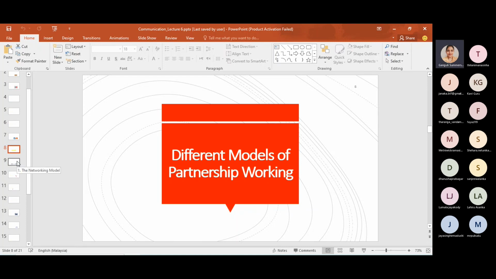Now we'll look at different models of partnership working. As we discussed until now, partnership working is about different organizations, agencies and companies coming together and working together. By definition, it can sound like an easy process, but it can be difficult, because the organizations are different.